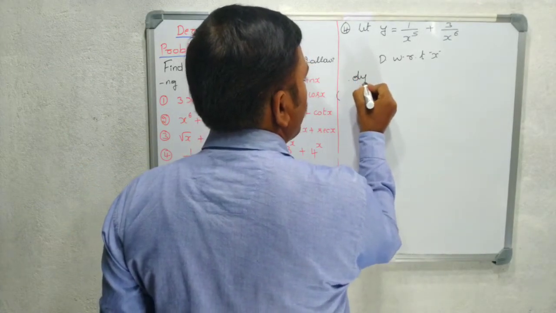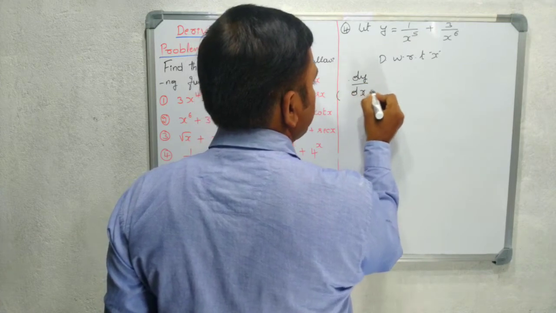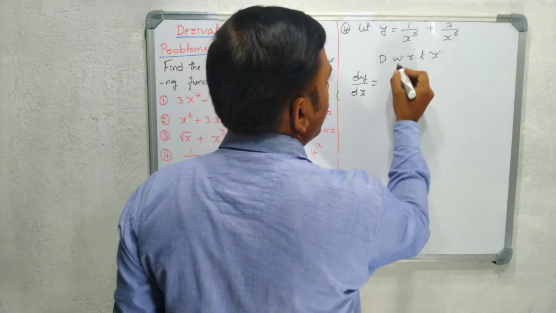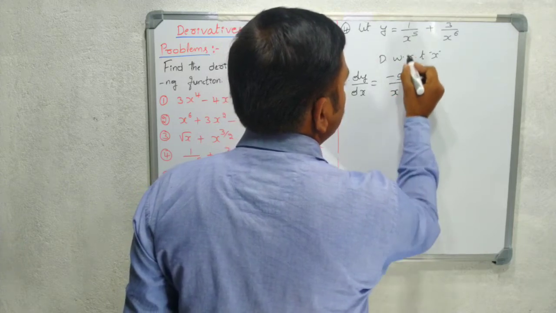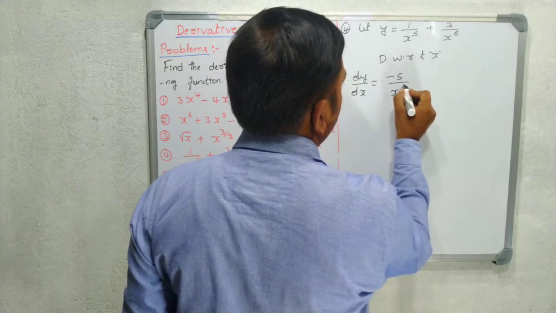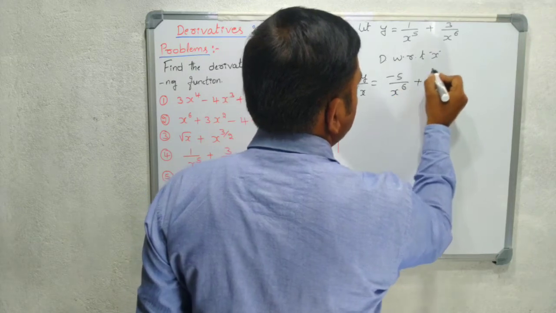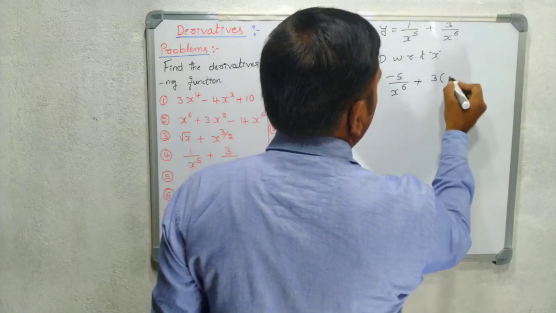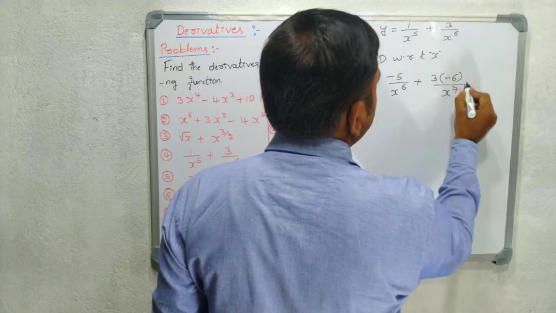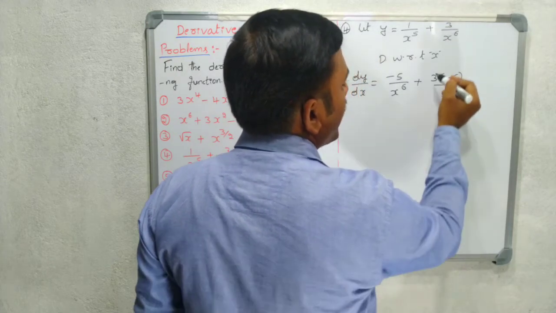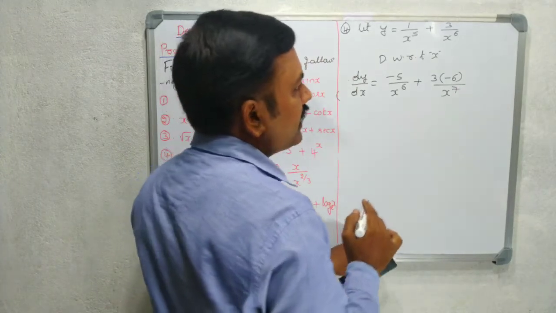So differentiation of y is dy by dx, and 1 divided by x power 5 differentiation is minus 5 divided by x to the power of 5 plus 1. X power 5 plus 1 is 6, plus 3 into minus 6 divided by x to the power of 7. Observe here. So I write 3 as it is.